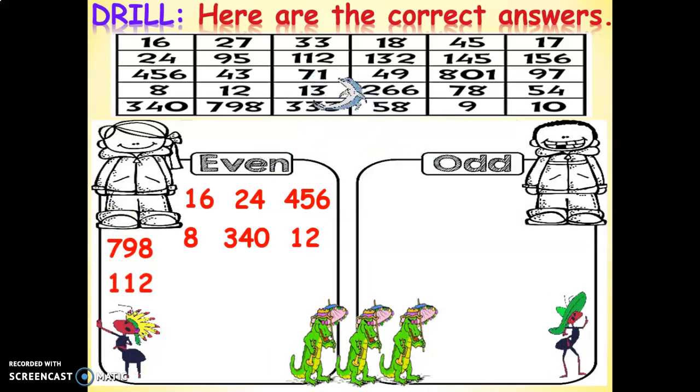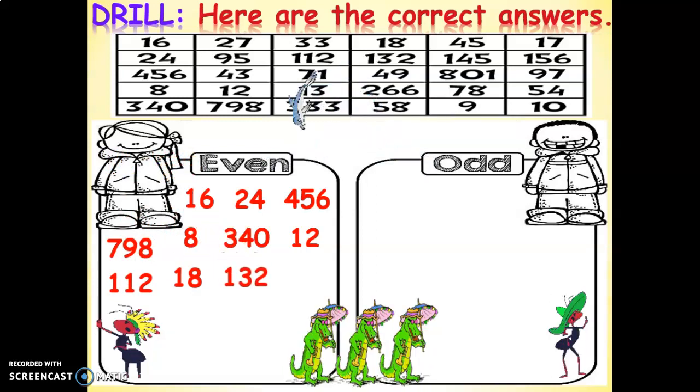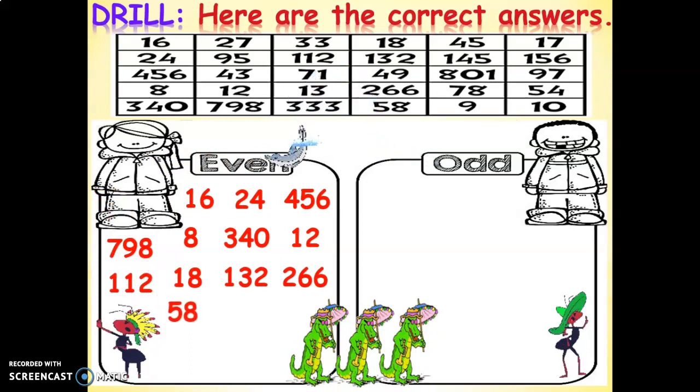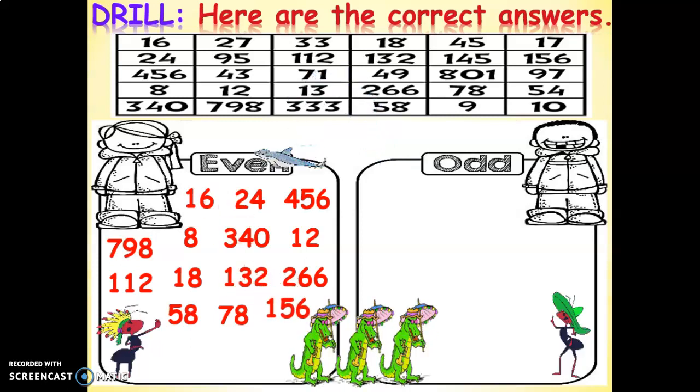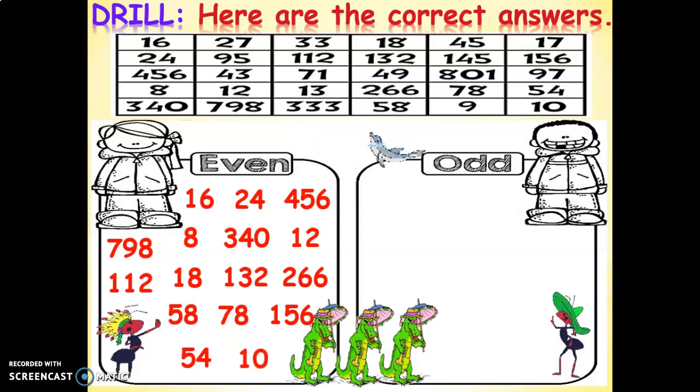Other even numbers are 112, 18, 132, 266, 58, 78, 156, 54, and the last answer is 10. Remember that even numbers end in 0, 2, 4, 6, or 8.